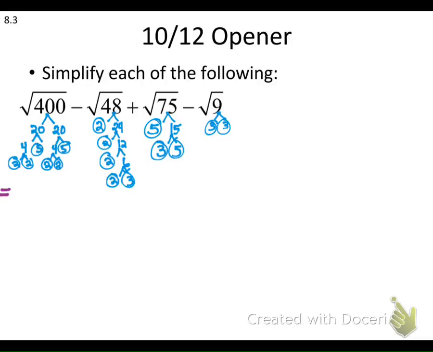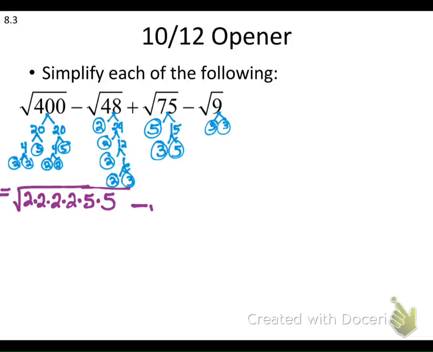Sorry. Okay, so now I'm going to drop down. Darius, tell me what's right. For the first one, you're right. Square root 2 times 2 times 2, 2 times 5 times 5. Then for the next one, what do I have to bring down?